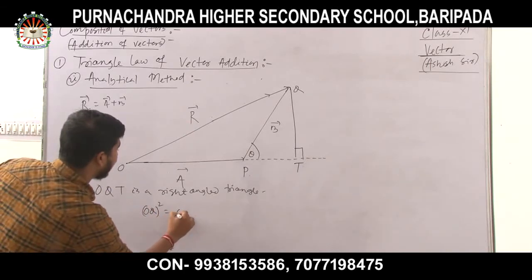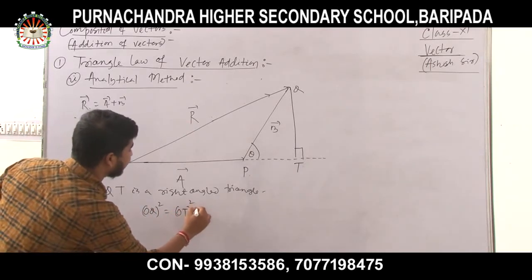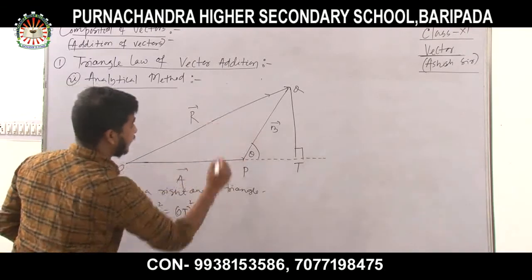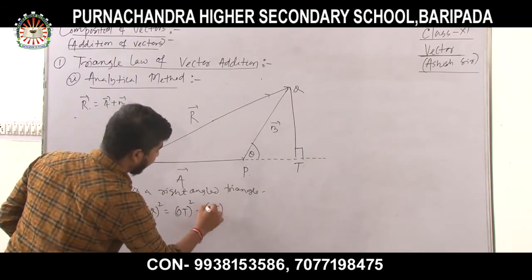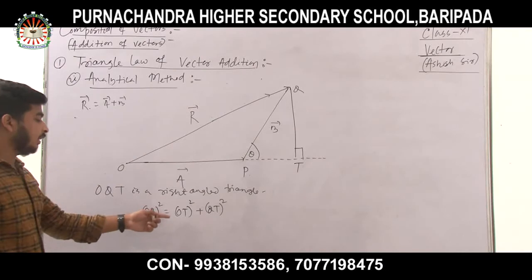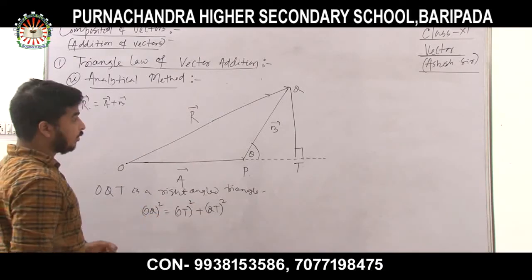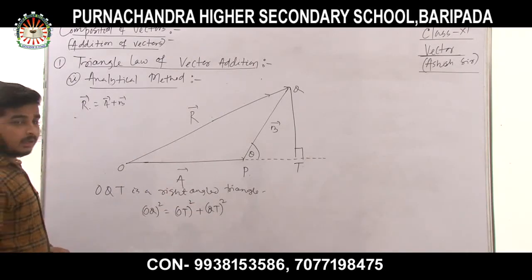OQ square is equal to OT square plus QT square according to the Pythagoras theorem.